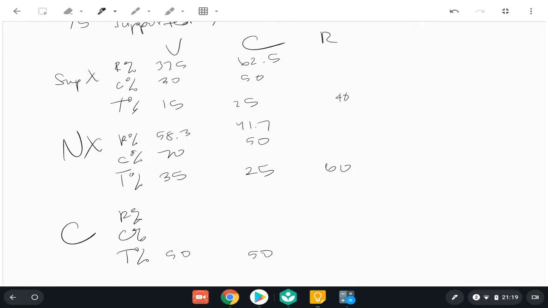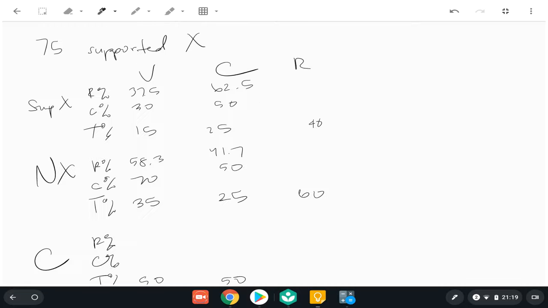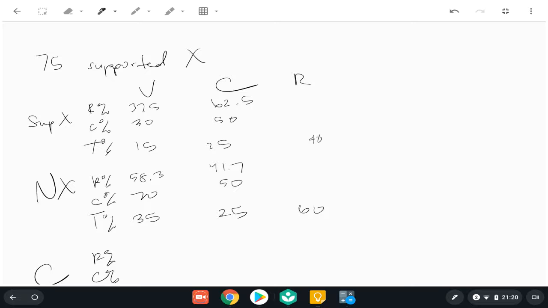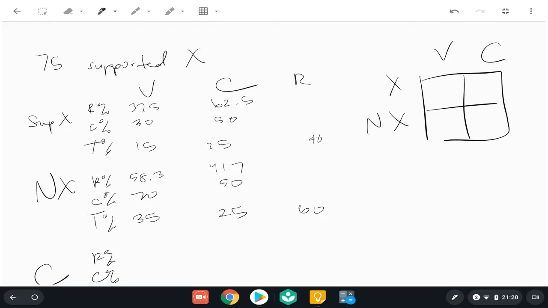So the numbers we know for making our square, we have X, not X, V, and C. We know that supports is totaled at 75, so let's abstract the rest. 75. Right, so we get 62.5.